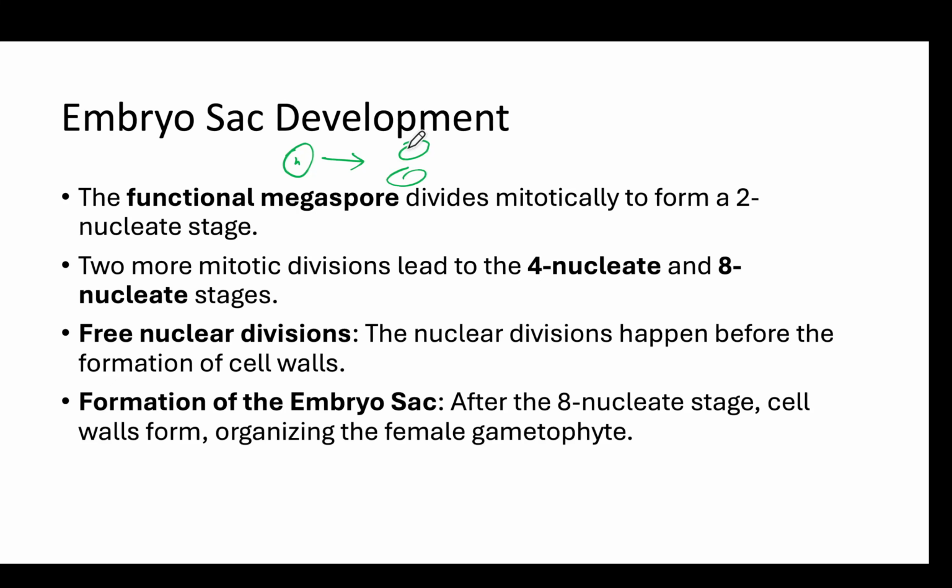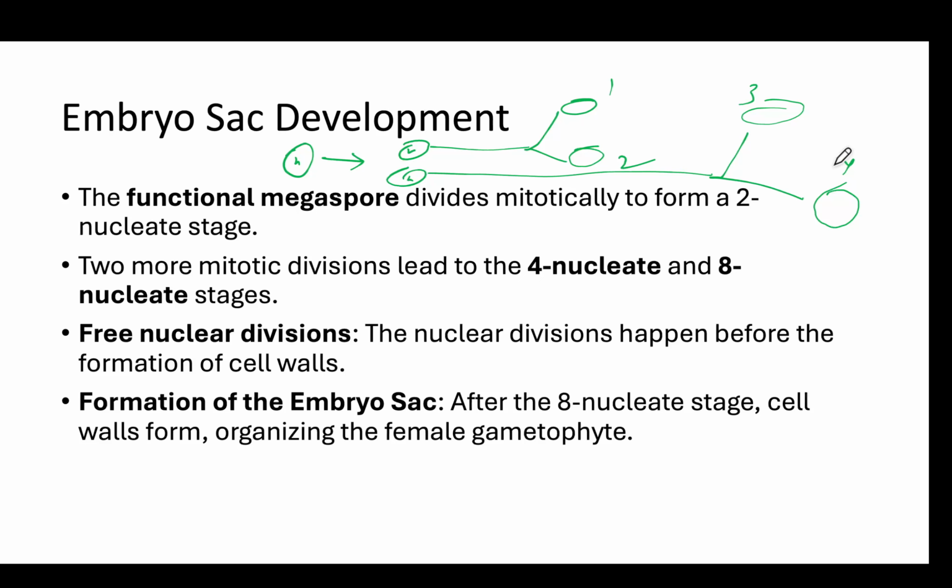So n, n. This is mitotic division, and these 2 cells will again form 4 cells. So 1, 2, 3 and 4. So a total of 4 cells will form by 2 divisions of the functional megaspore. Clear?